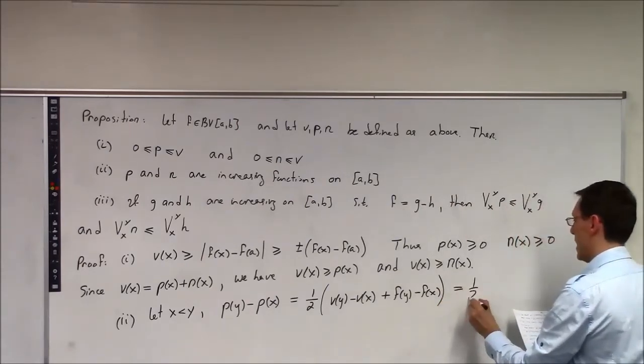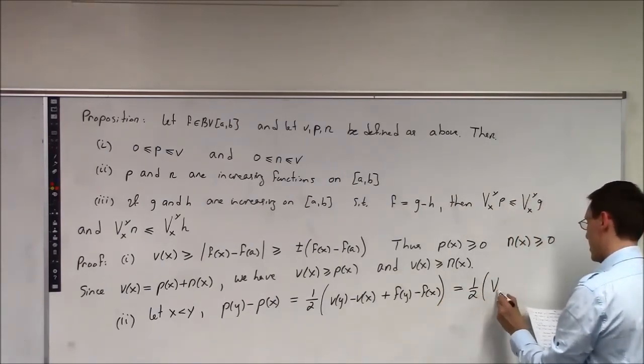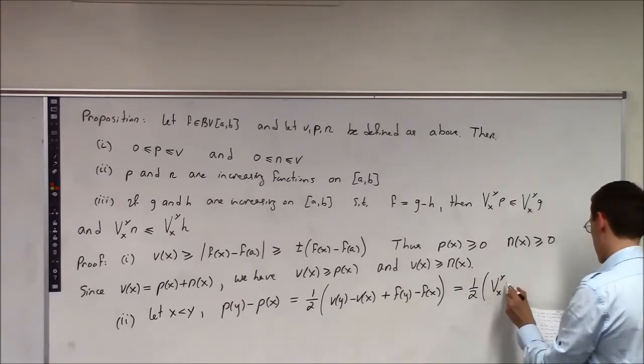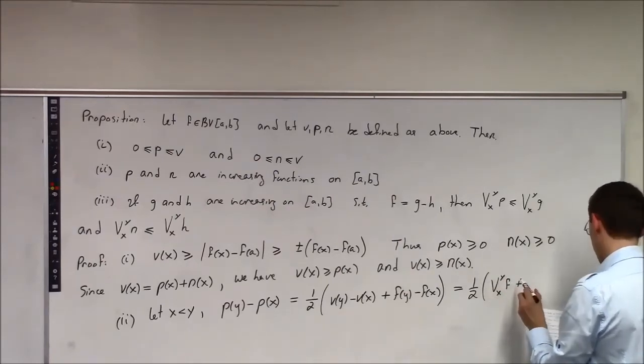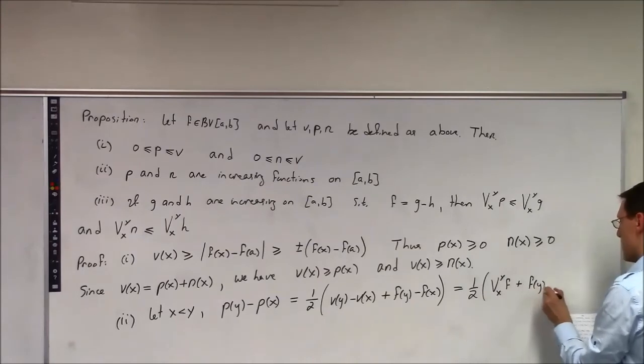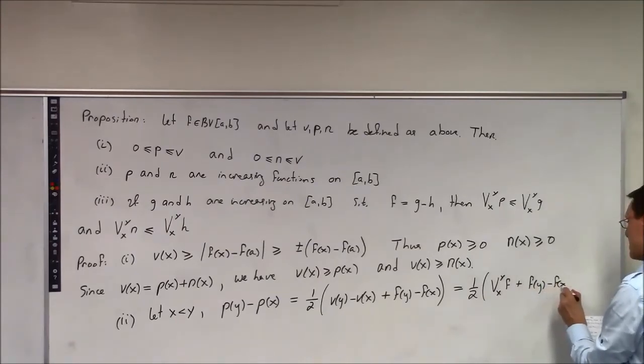which is 1/2 of the variation from x to y of f plus f of y minus f of x.